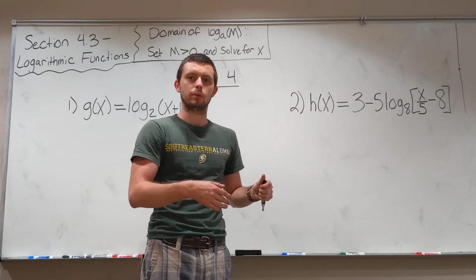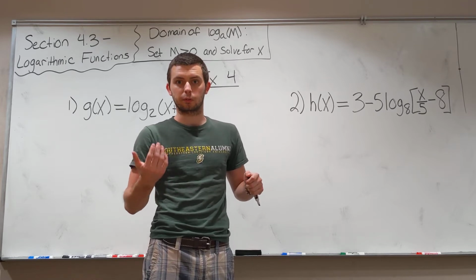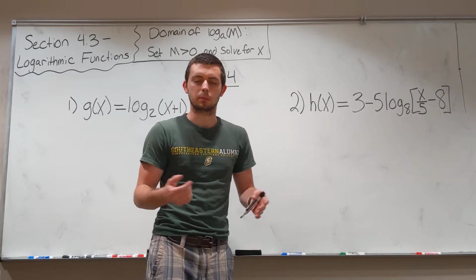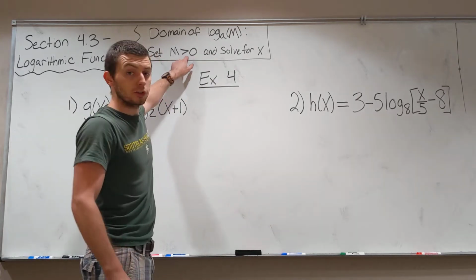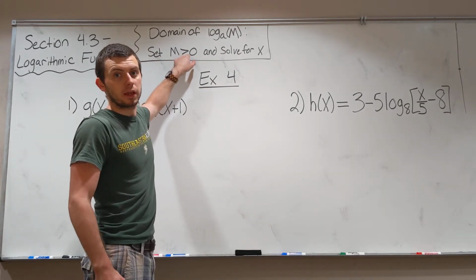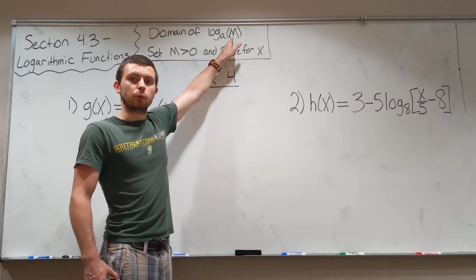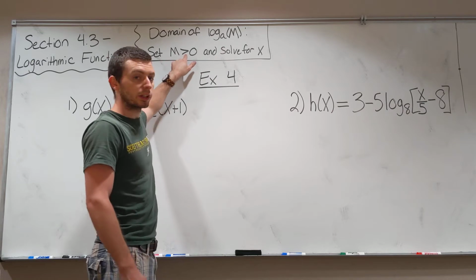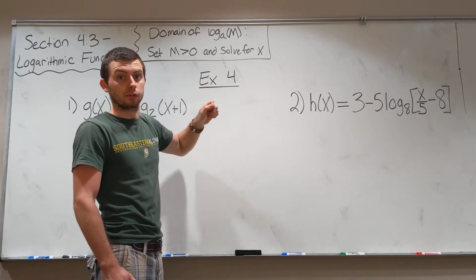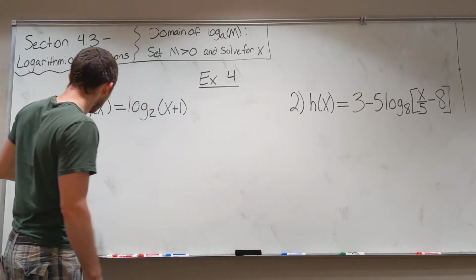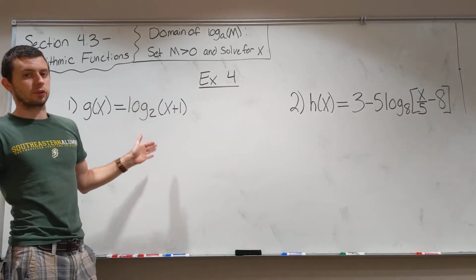If you see a square root, you set the radicand greater than or equal to 0. So those were criteria that I gave you. Similarly, this is a new criteria I'm providing for the domain. This criteria is whatever log is evaluating, you set that strictly greater than 0, and you solve for x. So let's go ahead and apply that to these two problems here.